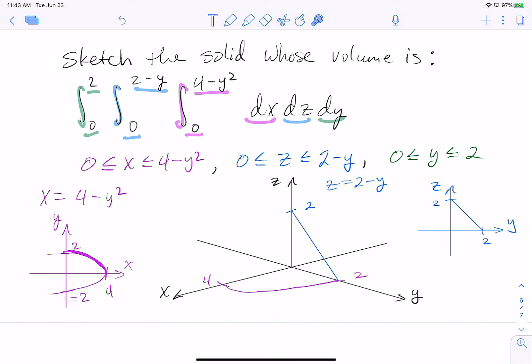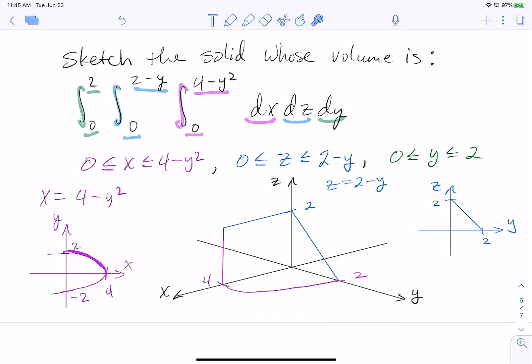Now back to x equals 4 minus y squared. That is a parabolic cylinder. It's a sheet that goes straight up, but it's being sliced at an angle by this plane. So let's see if we can visualize a little more of the plane. And then I'll draw a vertical out here just to give us the vertical face of this thing.